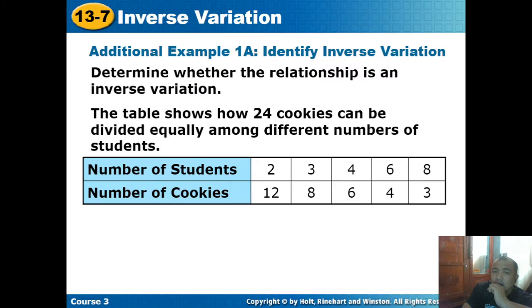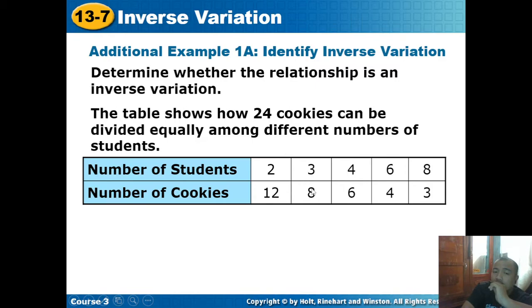Okay. So let us now have our first example. Identify inverse variation. Determine whether the relationship is an inverse variation. The table shows how 24 cookies can be divided equally among different numbers of students. If there are 2 students, the number of cookies is 12.